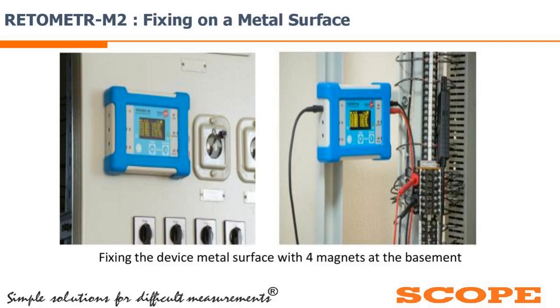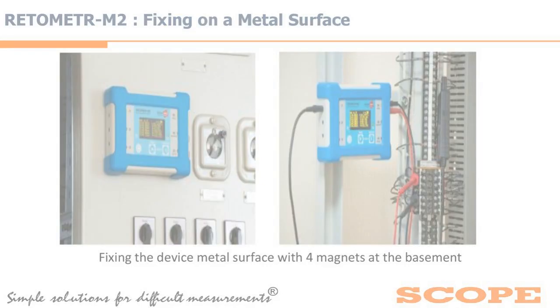For the Ratometer M2 we have provided a fixing arrangement with 4 magnets at the base, so we can easily test relays after fixing the Ratometer M2 in any place. Here you can see the Ratometer is placed and we can check the various relays.